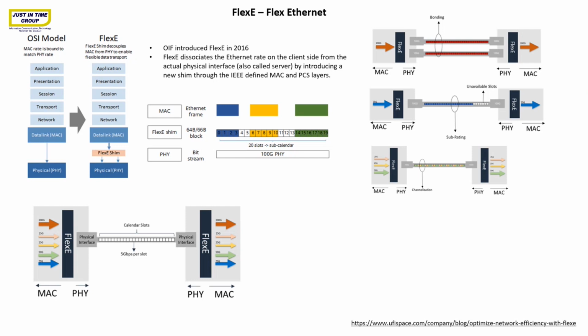What you can do with this is carry multiple MAC rates and match them to different physical interfaces. So you can do channel bonding, you can do subrating, you can do channelization. That means you can match different MAC rates to different PHY interfaces.